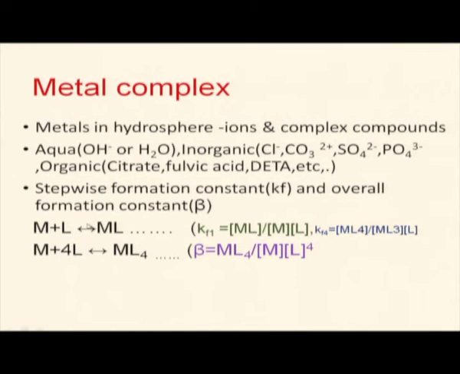Consider a metal ion M reacting with a ligand L to form ML, with K1 equal to the concentration of ML divided by the metal ion concentration times L. This is normally known as formation constant 1, for only one ligand.